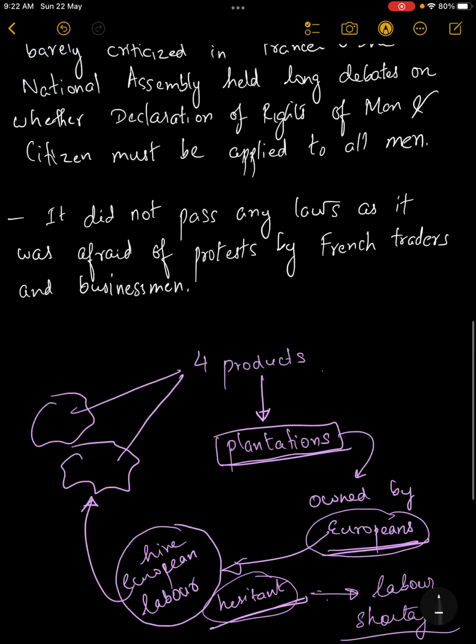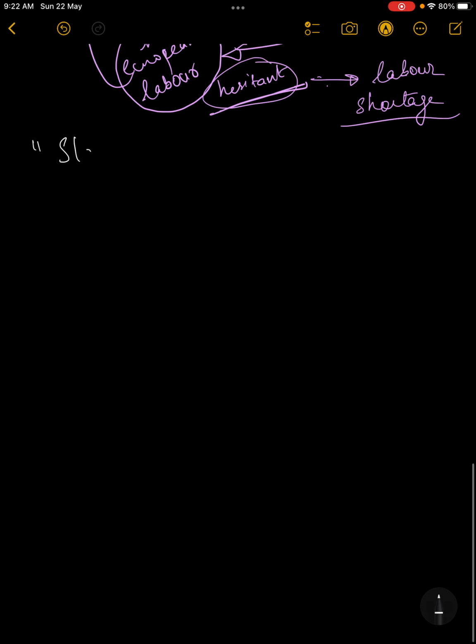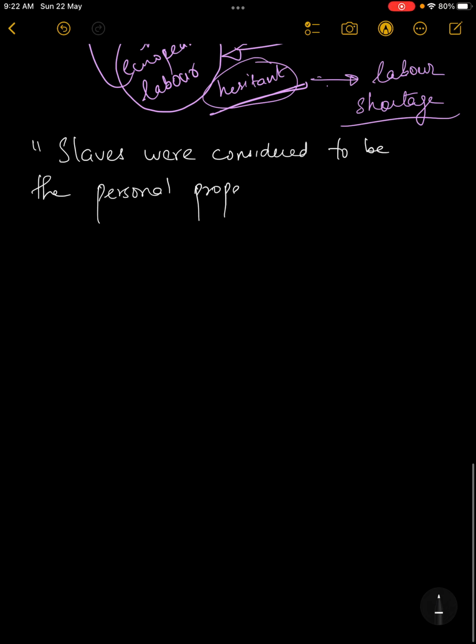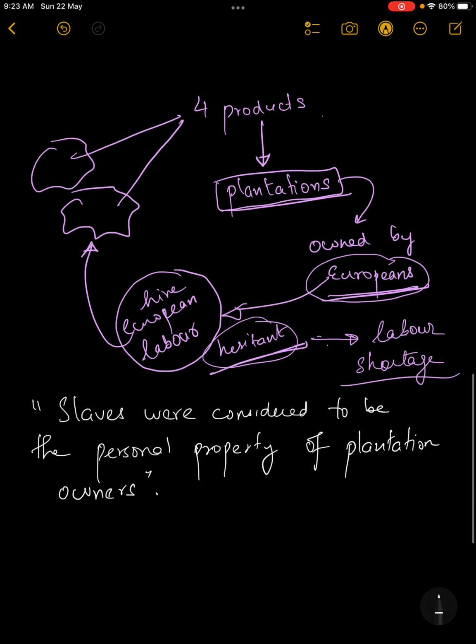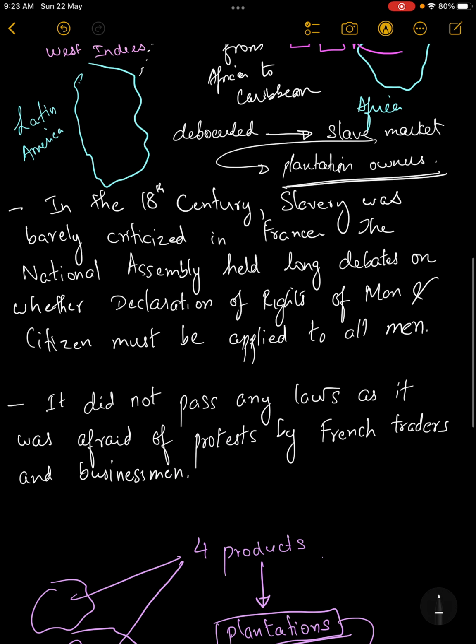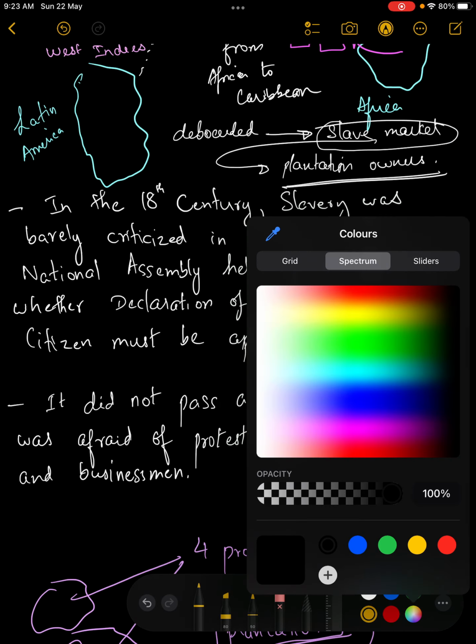So in a sense, if I say slaves were considered to be the personal property of plantation owners, I don't think I would be saying anything wrong. Slaves were considered the personal property of plantation owners just because of this. They used to pay money and go to the slave market to purchase slaves. You can see how horrendous it is.